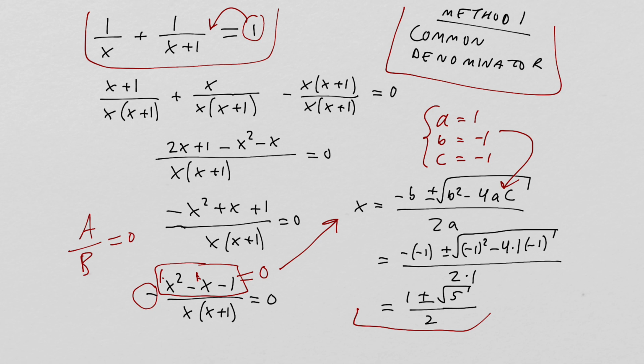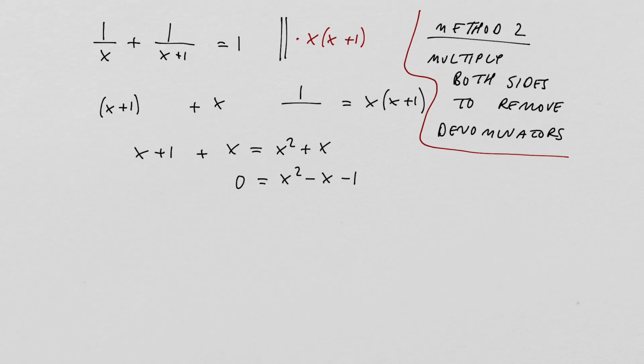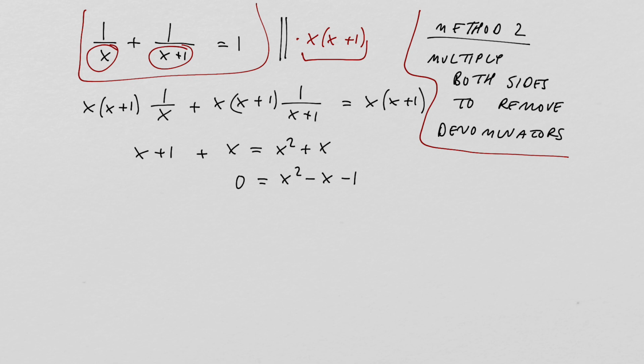So we use the method where we arrange the fractions to have a common denominator. Another method to solve this kind of equation would be to multiply all the denominators out. So we see that we have the denominators x and x plus 1, and we can multiply with both of these. After the multiplication, we can cancel out x's and we can cancel out these x plus 1's.